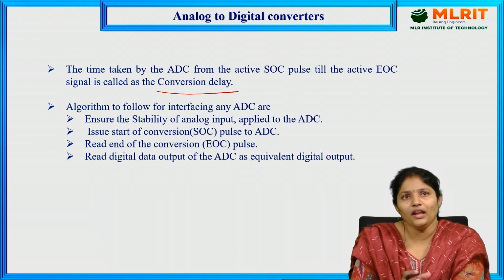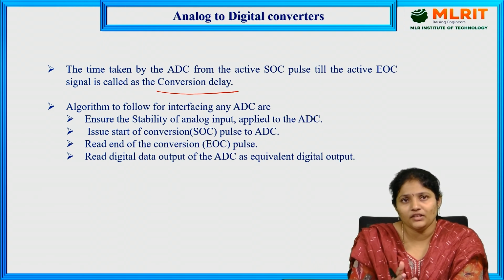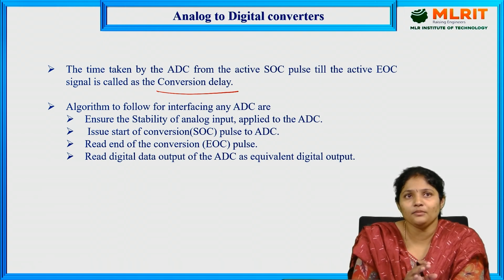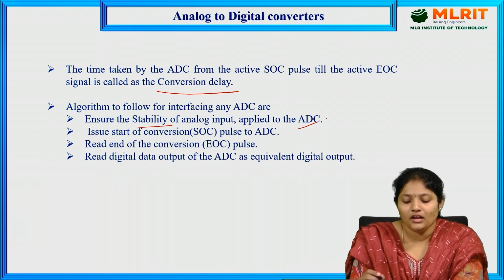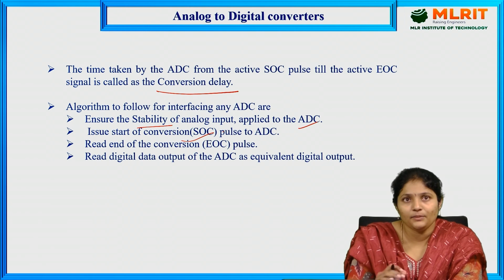So any ADC like 0808 or 0809, any A to D converter we can employ, but the algorithm it should follow is, first, ensure the given analog input is stable. Second, issue the SOC signal from the processor.